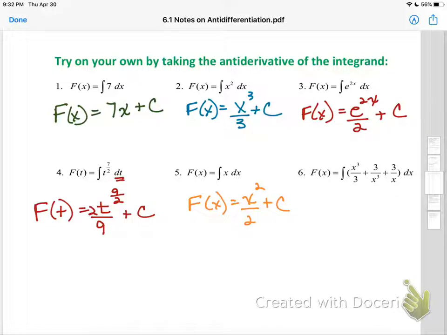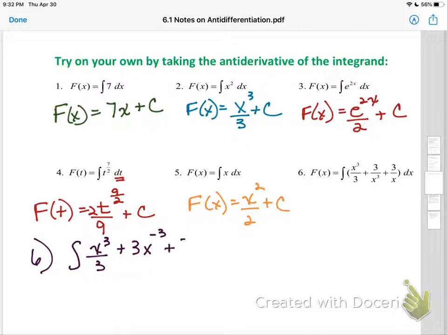Okay, so I think I'm going to do 6 down here. So let me change colors again, and this will be 6. I may want to rewrite 6, and I only need to really rewrite one little piece of it. So this is x cubed over 3 plus, I'm going to bring this up so it's easy for me to think about.